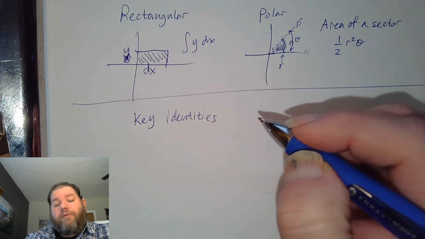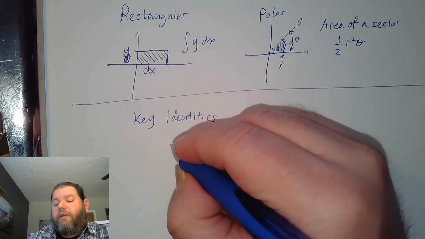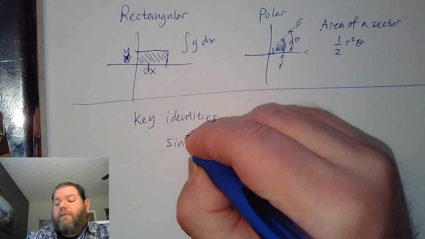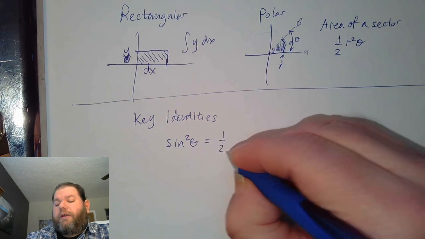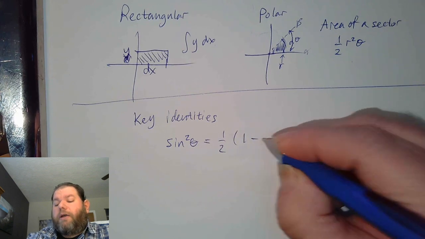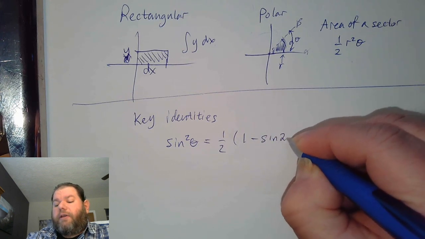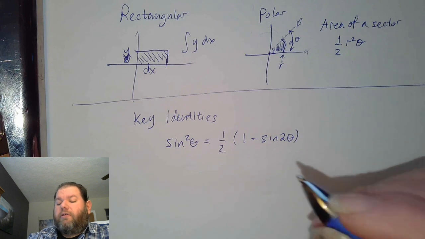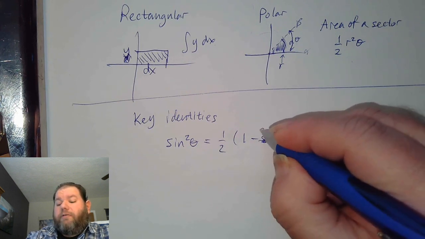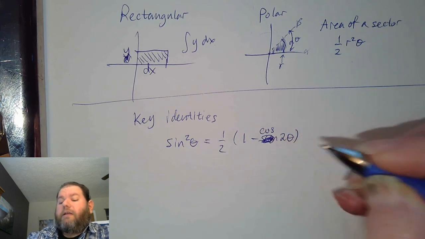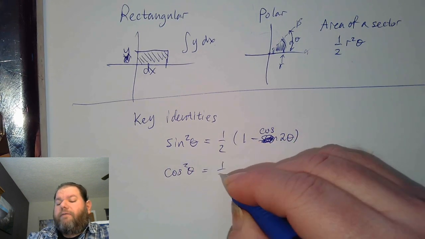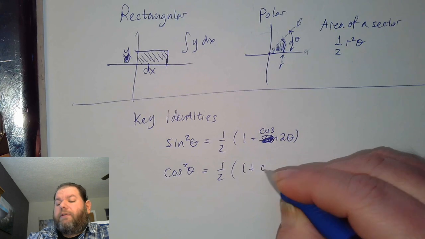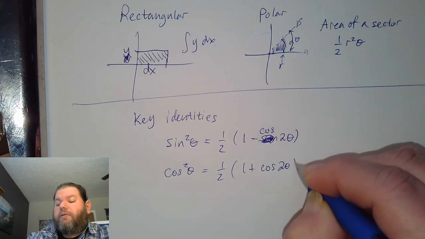These are our power-reducing formulas, which we have used previously, and that says that sine squared of theta is equal to 1/2 times 1 minus cosine 2 theta. And then cosine squared theta is 1/2 times 1 plus cosine 2 theta.